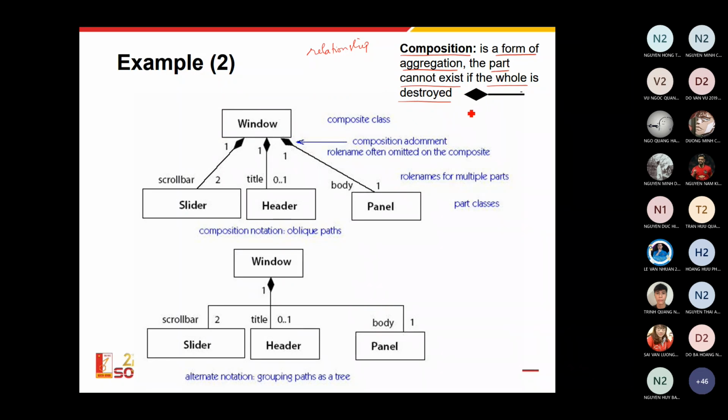So you can have this kind of composition, one kind of aggregation. For example, the window is made from slider, header, and panel. When the window is destroyed, you no longer have the slider, header, or panel. So this is the composition. Yeah, and you can illustrate it like this, or you can illustrate it like this. The same thing, the same way. Okay.